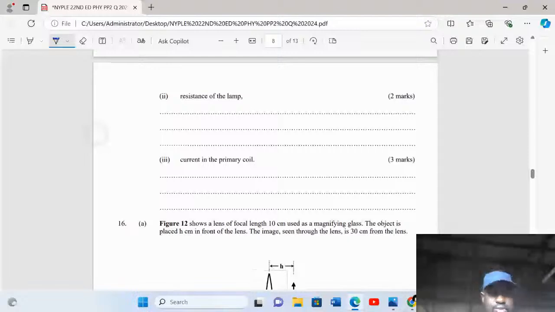We're asked about the resistance. In this case, we can have 3 methods.